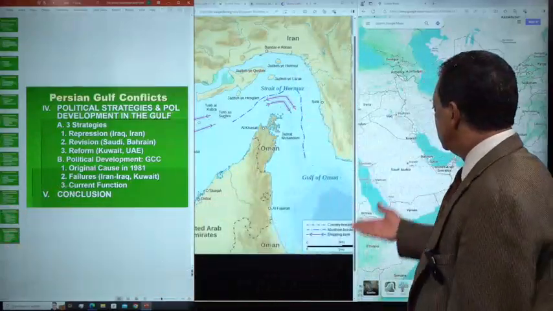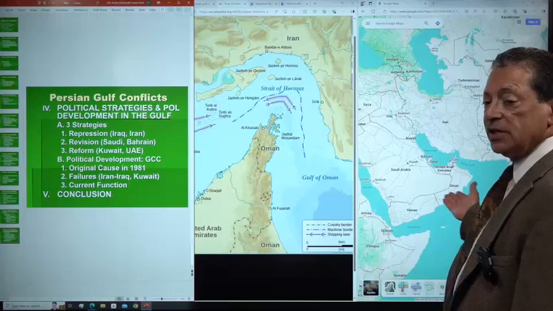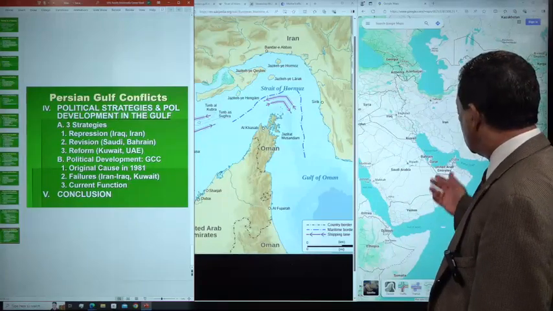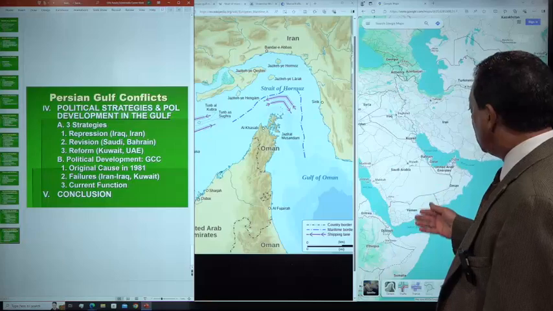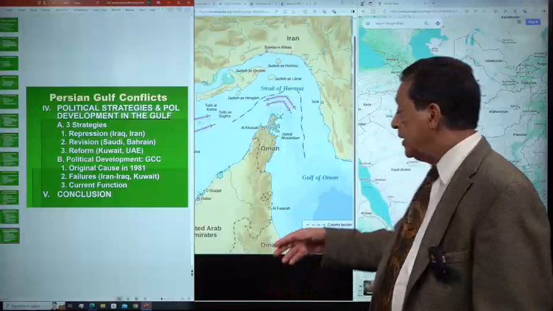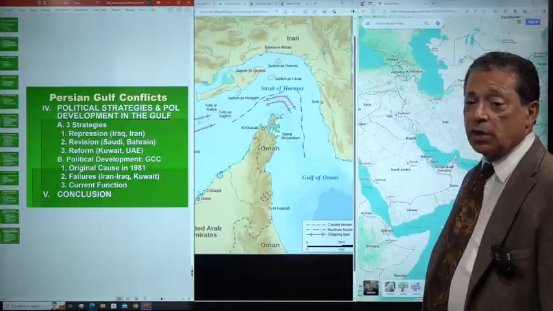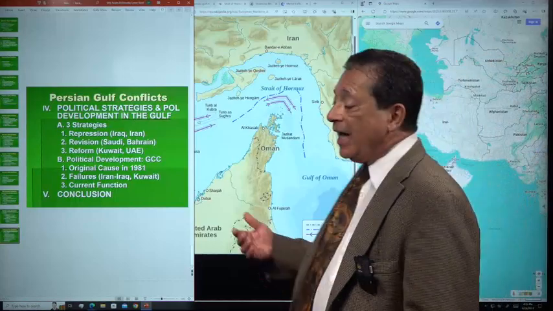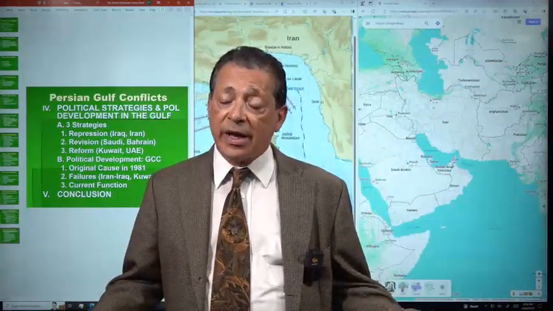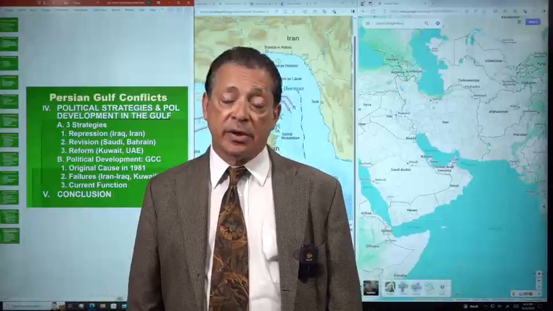Very easy, very close to the international market. So quality, not too far away from the Gulf, and then transportation, very easy to tankers.